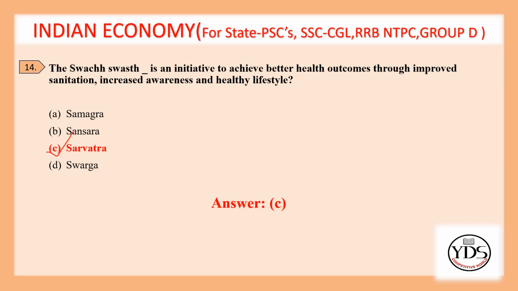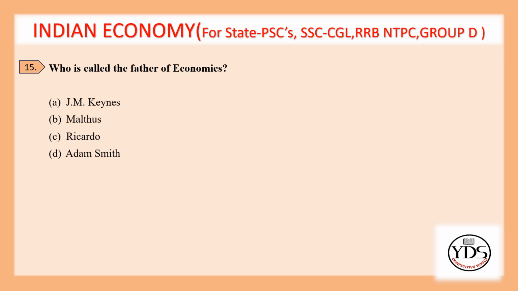Option C, Sarvatra is the correct answer. 15th question, who is called the father of economics? J. M. Keynes, Malthus, Ricardo, Adam Smith. Option D, Adam Smith is the correct answer.